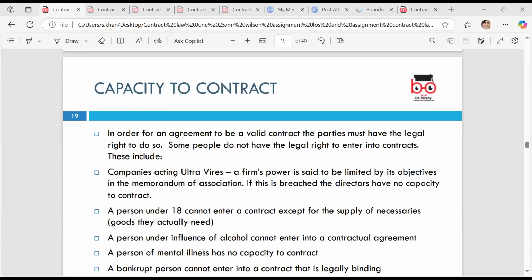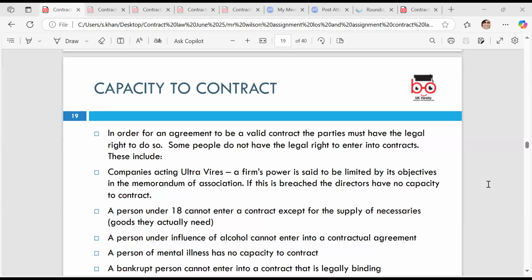You can't just enter into a contract if you don't have the mental capacity and understanding of what you're getting into. Anyone should have the mental capacity to know what they are signing. If it's a minor, they lack that capacity, don't they? So there are conditions that they have to put in place.